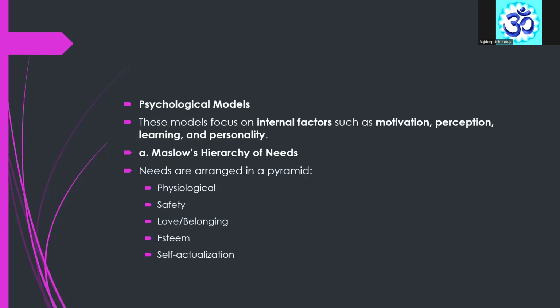Then psychological models. These models focus on internal factors such as motivation, perception, learning, and personality. Motivation stands for the things that motivate us to pursue something. Perception is our perception towards something. If we see the color red, what is the first image which generates in our mind? If we see a clock, what thoughts come to our mind?